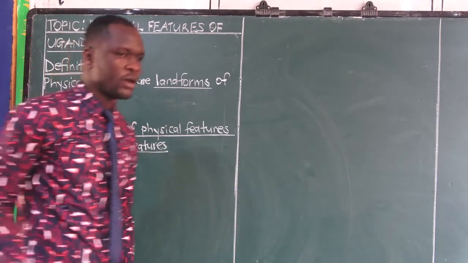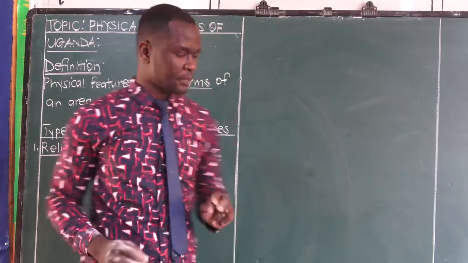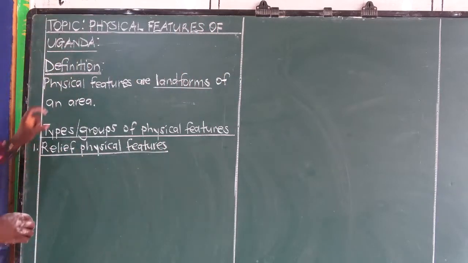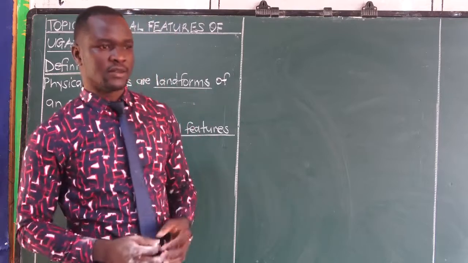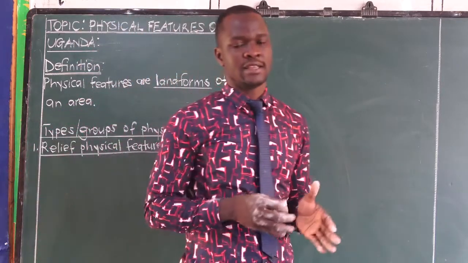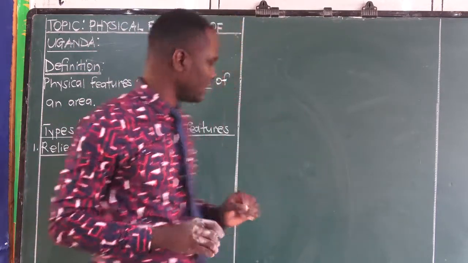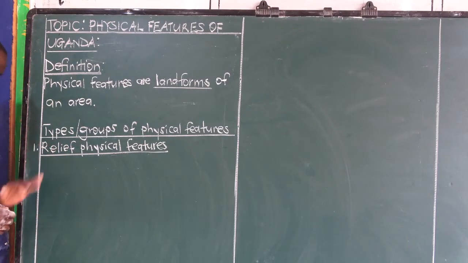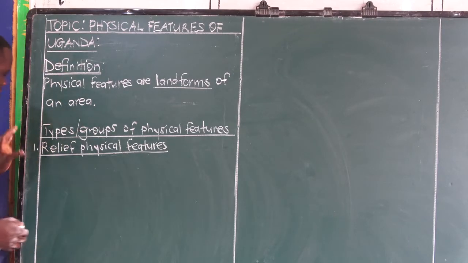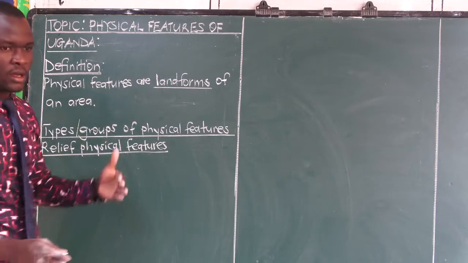Remember here, we are only going to talk about two types. And we are saying we have relief physical features. Sometimes we can write them as relief features. Not only relief, because if you write only relief, then you will be writing a different thing. So we have relief physical features.